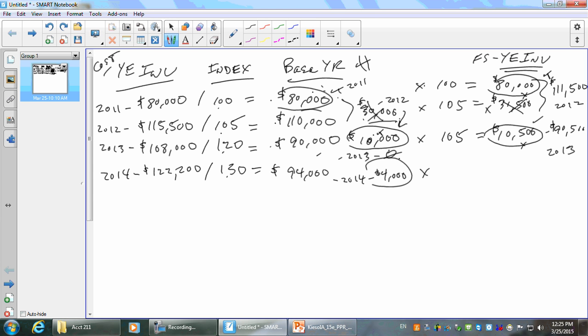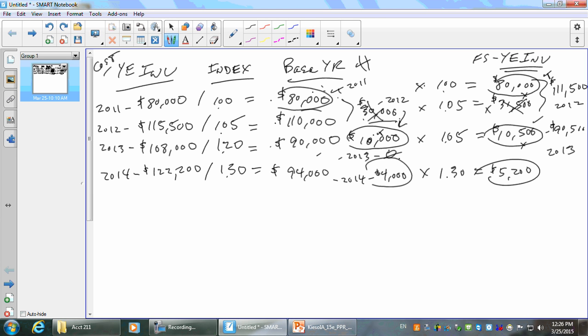You bought it when the price index was what? 1.3. Yeah, 130. So take it times 1.3. What's 4,000 times 1.3? 5,200. So all you have to do is add up 80 plus 10.5 plus 5,200. You've got three LIFO layers now.